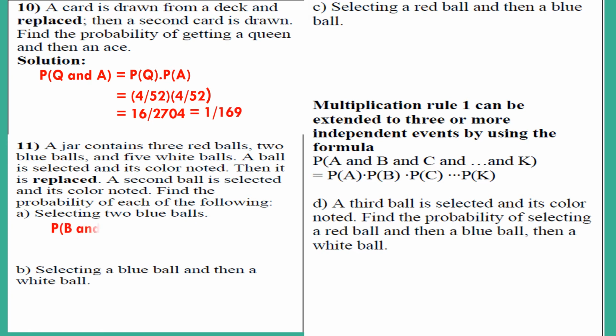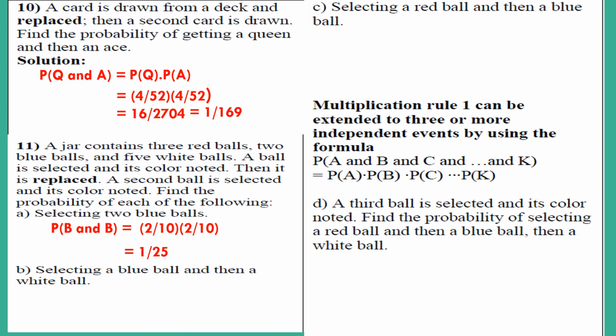The probability is the product of the probability of a blue ball on the first draw and a blue ball on the second draw. Since there are only 2 blue balls and the total is 10, we have 2/10 times 2/10 equals 4/100 or 1/25.